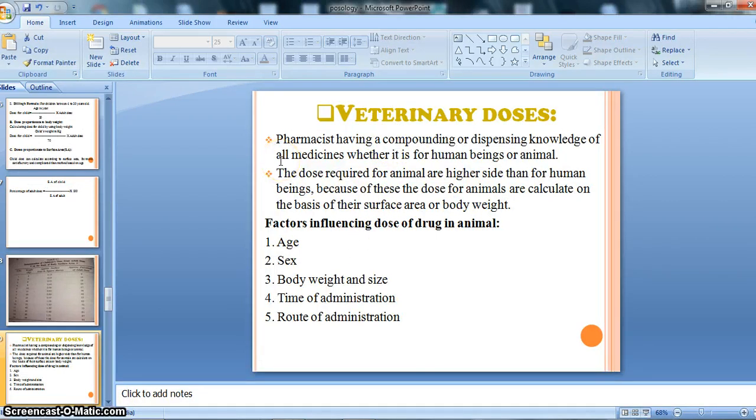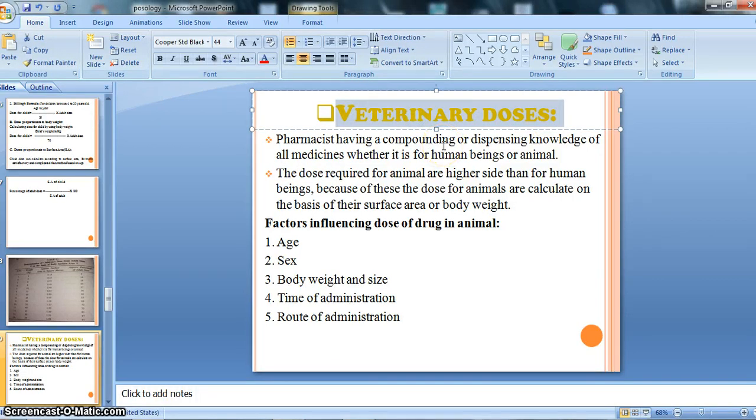Then after that there is a topic, that is veterinary doses. Veterinary means relating to animals. A pharmacist having compounding or dispensing knowledge of all medicines, whether for human beings or animals.